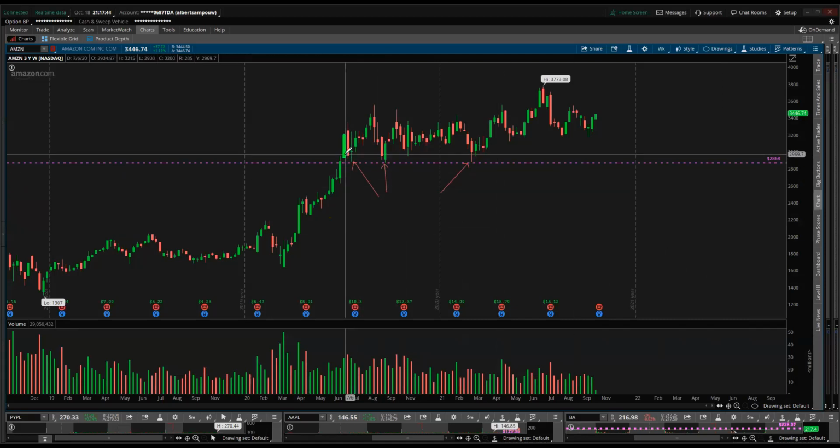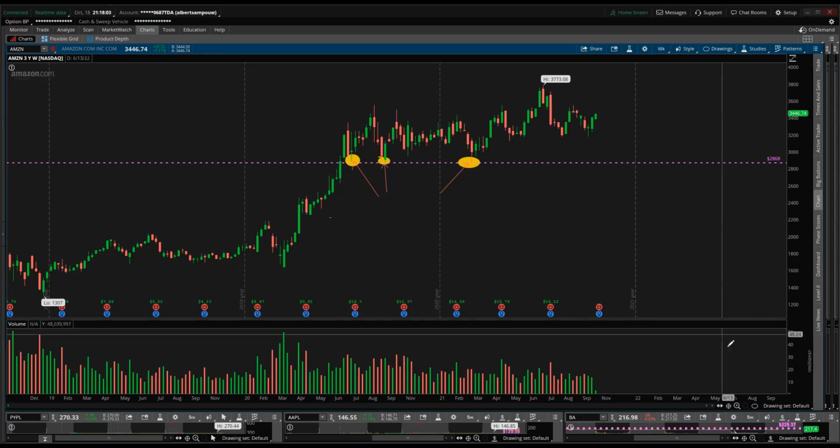So you have one touch, two touch, and now you have three touches here, right? 1, 2, and 3. This is on a weekly. Remember, if you're looking at a weekly, all you need is just one single wick to make a resistance line, right?